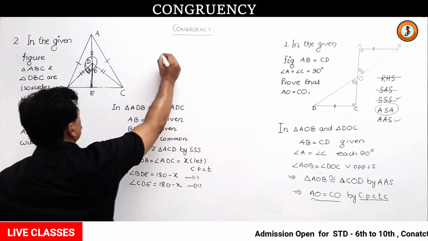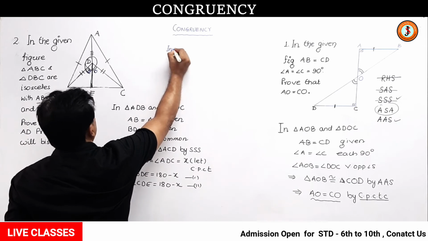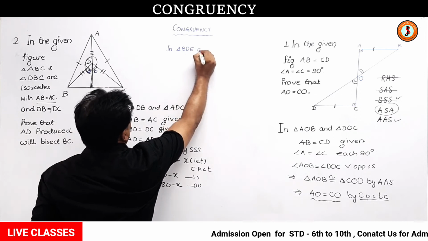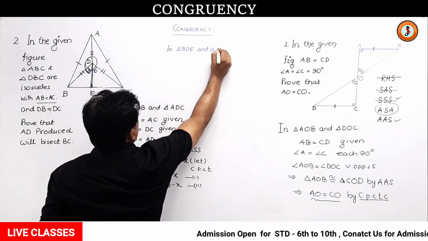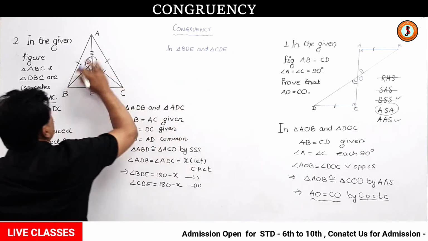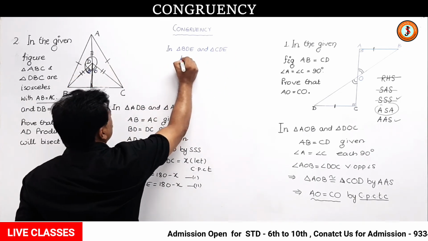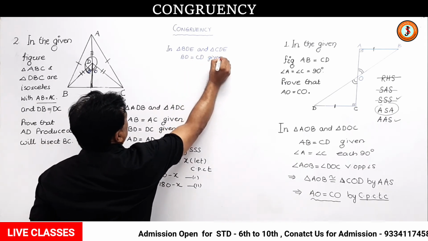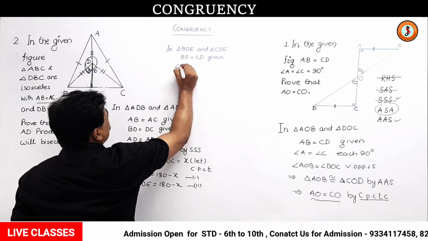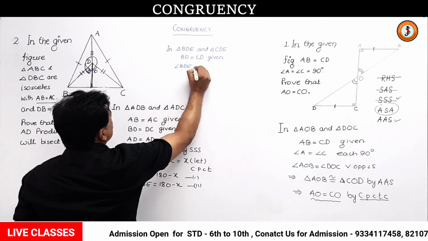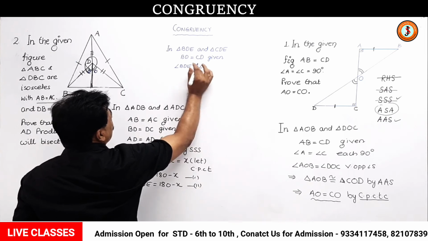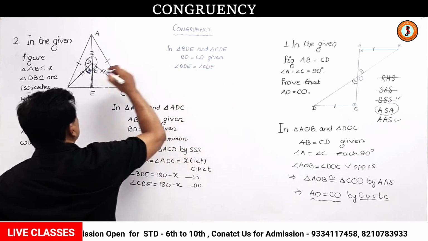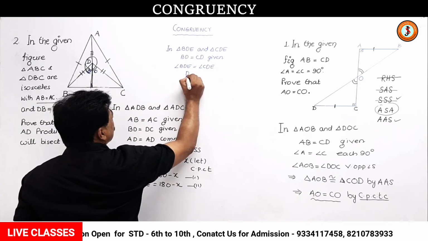In triangle BDE and triangle CDE: BD is equal to CD, it was given. Angle BDE is equal to angle CDE, because each is 180 minus x, and side DE is common in both.